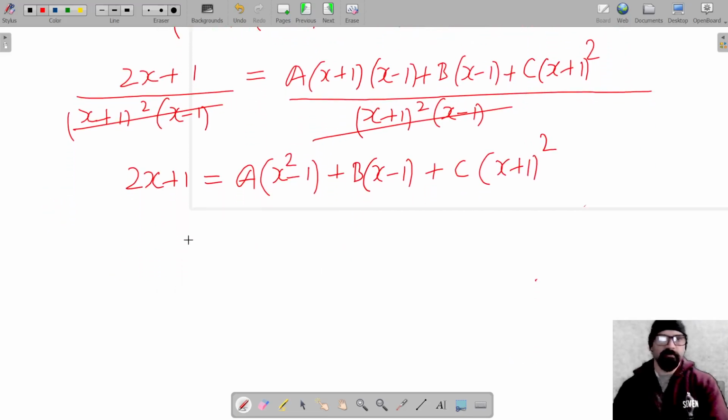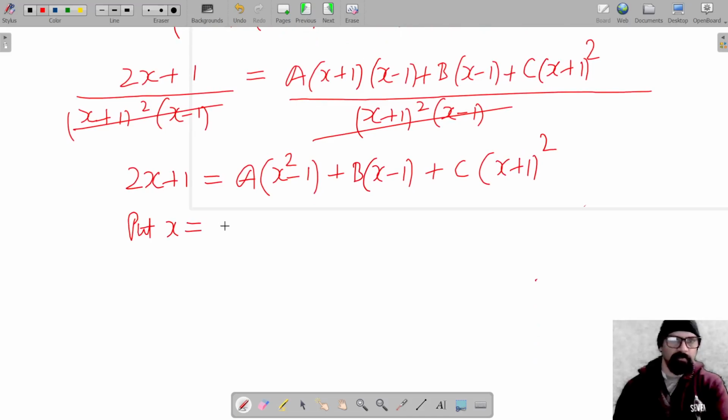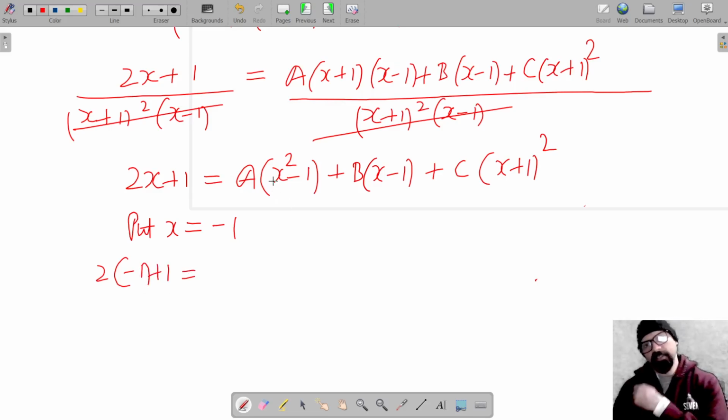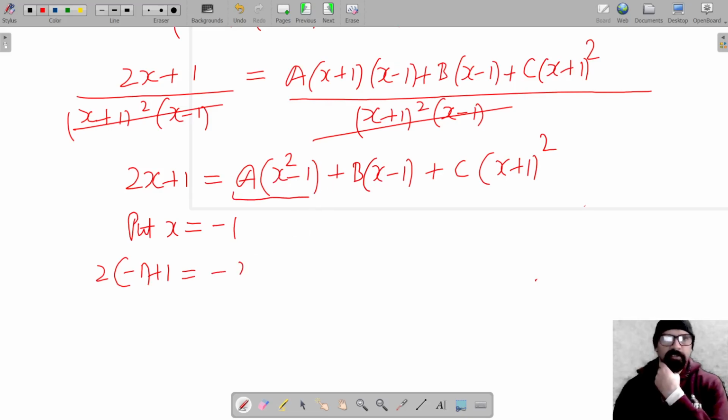Okay, let's try to find the values of a and b. If I put x is equal to negative 1, this is 2 into negative 1 plus 1. Negative 1 square is 1, so 1 minus 1 is 0, this term reduces to 0. This becomes negative 2b, and this becomes 0. So negative 2 plus 1 is negative 1, equals negative 2b, which gives me b is equal to half.